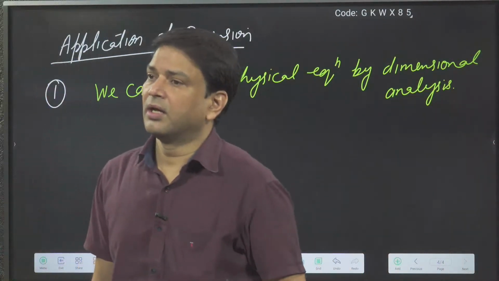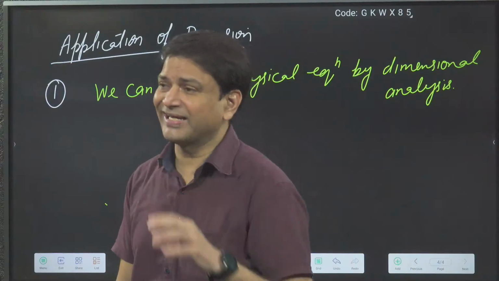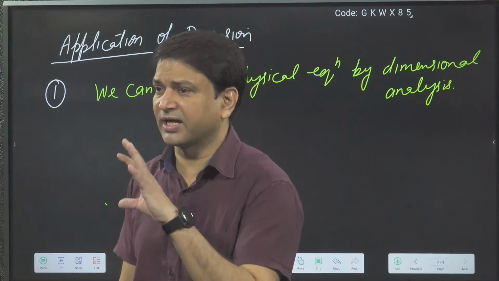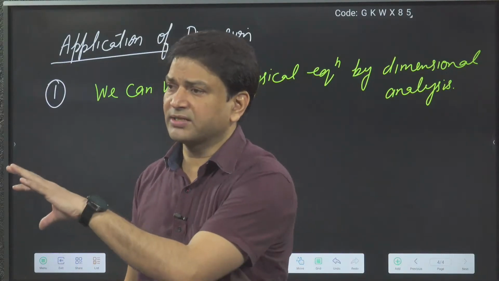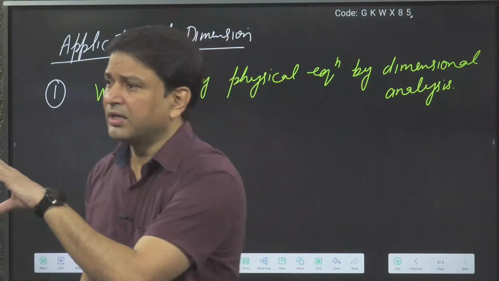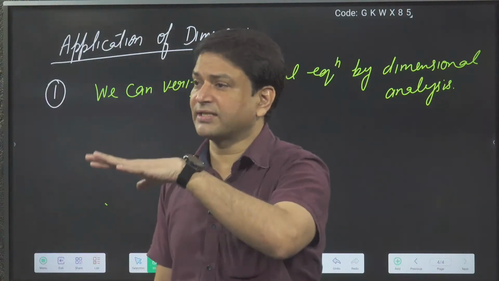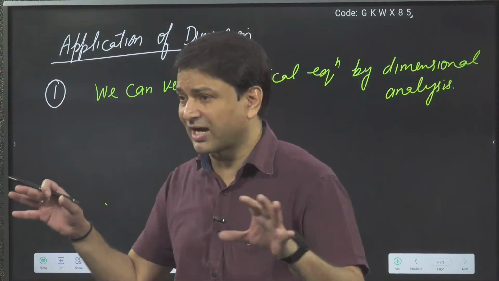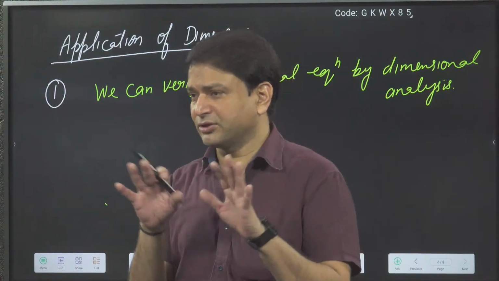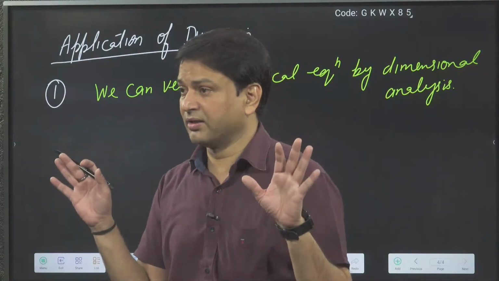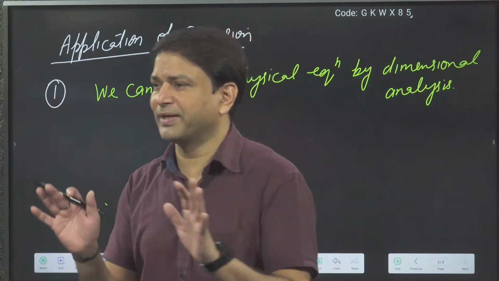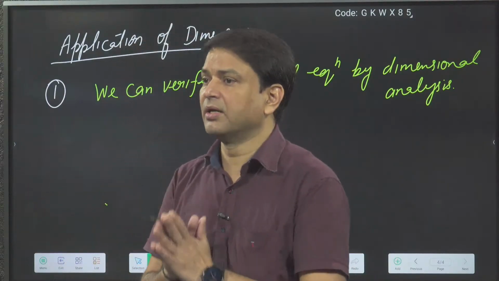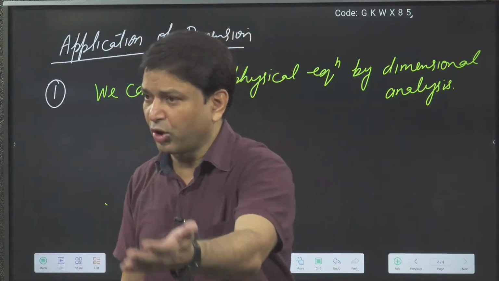Now listen, if I am saying any equation is dimensionally correct, then physically that equation may or may not be correct. If an equation passes the dimension test, then it may or may not be correct.